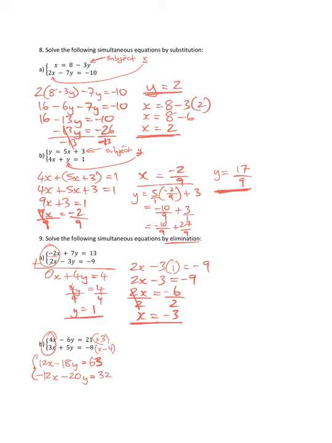Now x has equal size, opposite in sign coefficient, so I can add them vertically. That comes to 0x's. Negative 18, negative 20 is negative 38y. 63 plus 32 is 95. So what do I have? Negative 38y's is 95.